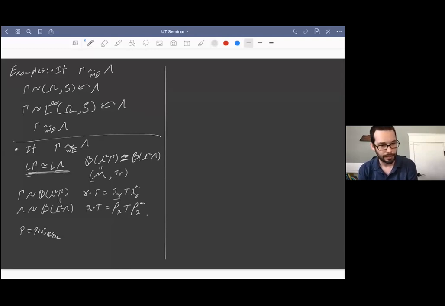Moreover, if we let P denote the projection onto the one-dimensional subspace, which is spanned by the Dirac function at the identity, well, then you can compute exactly what is gamma times P. Well, it's conjugation by this, and so this will be the projection onto the one-dimensional subspace spanned by delta at that gamma, which means that in particular, it's orthogonal to P, and it's pairwise orthogonal for different gammas.